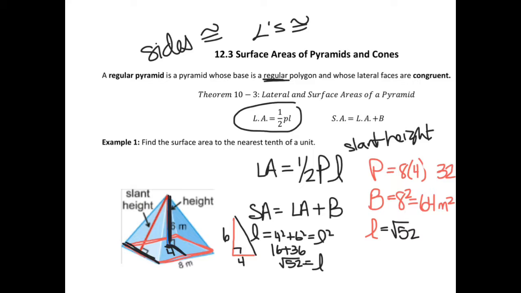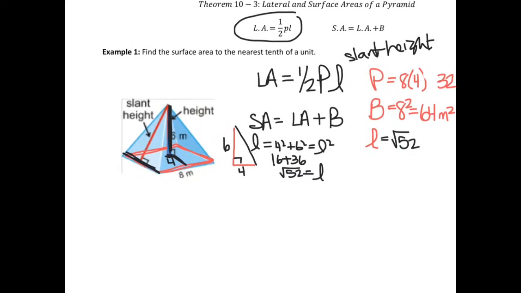So let's talk about the lateral area. So the lateral area equals 1/2 times the perimeter, which is 32, times the slant height, which is the square root of 52. Well, half of 32 is 16, so I just need to take 16 times the square root of 52.